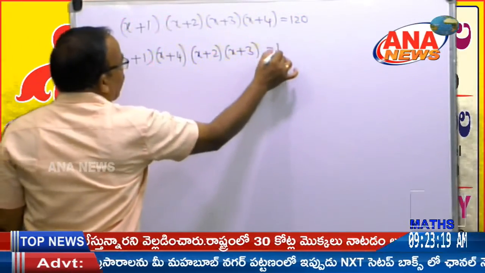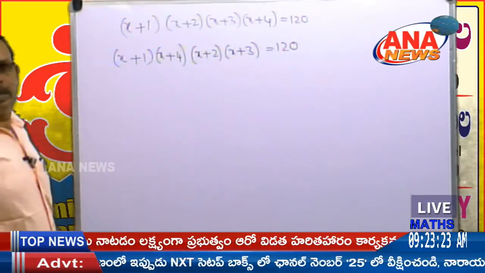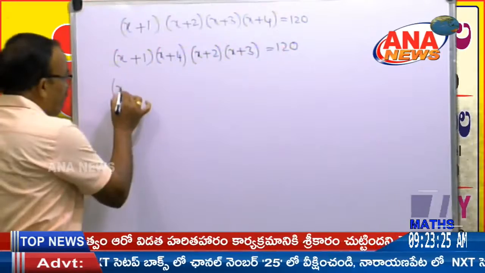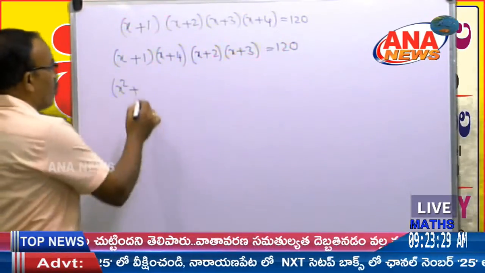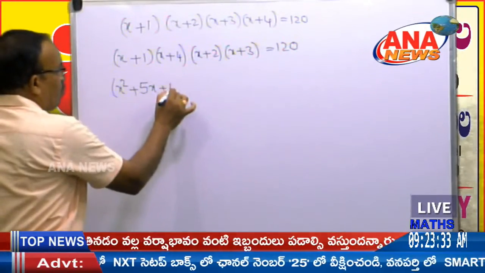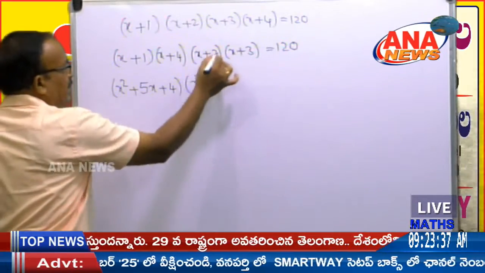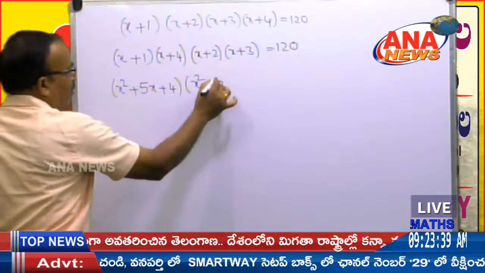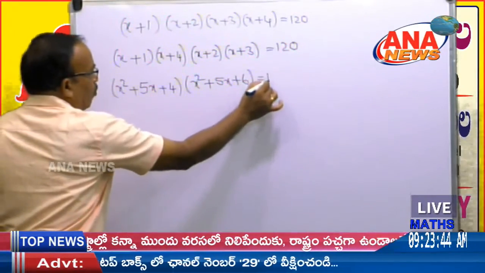Now multiply these two. This is x square plus 5x plus 4, and x square plus 3x plus 2x, 5x, plus 6, is equal to 120.